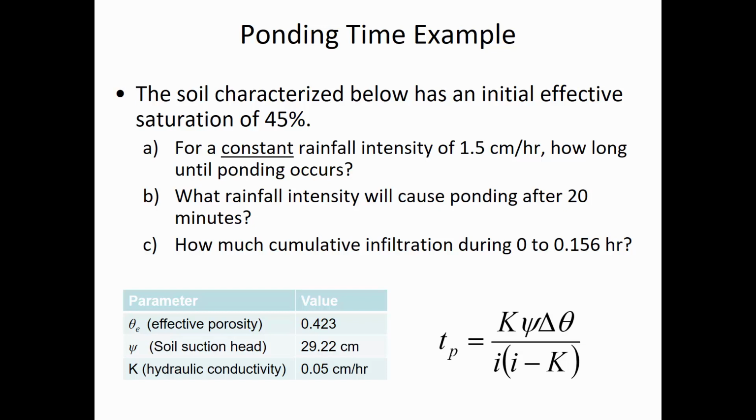Psi is 29.22 centimeters. And the delta theta is 0.23265, which we calculated at the very beginning.